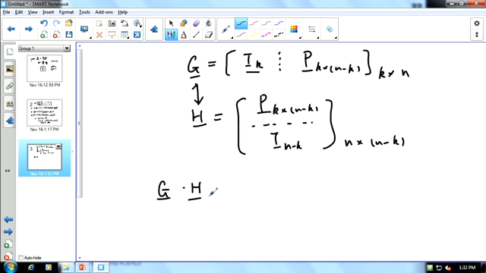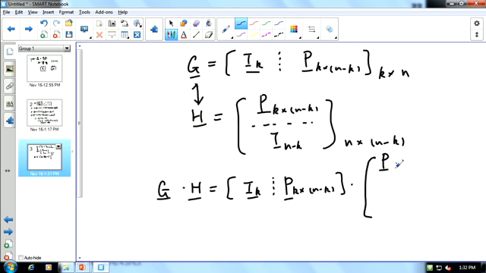Let's see if we have G times H. Okay, if we have G times H. So if we write them in the form of block matrices, I_k, P, k by n minus k, times H, P, k by n minus k, I, n minus k. Okay, let's multiply these 2 matrices.